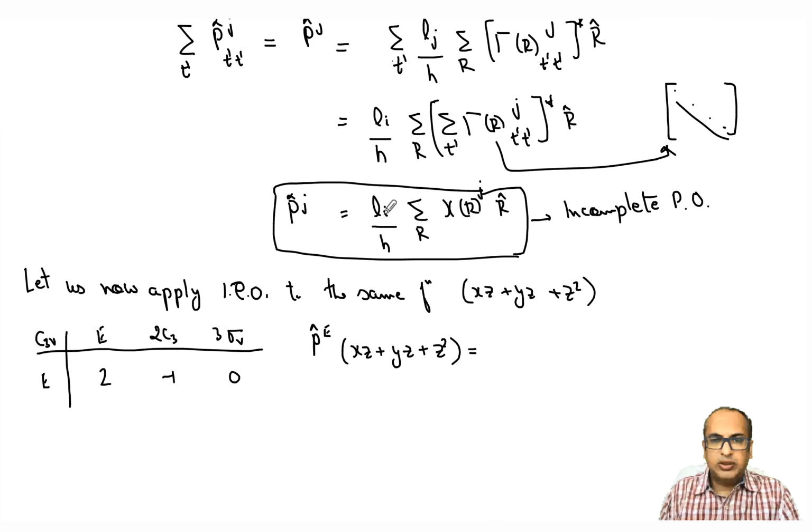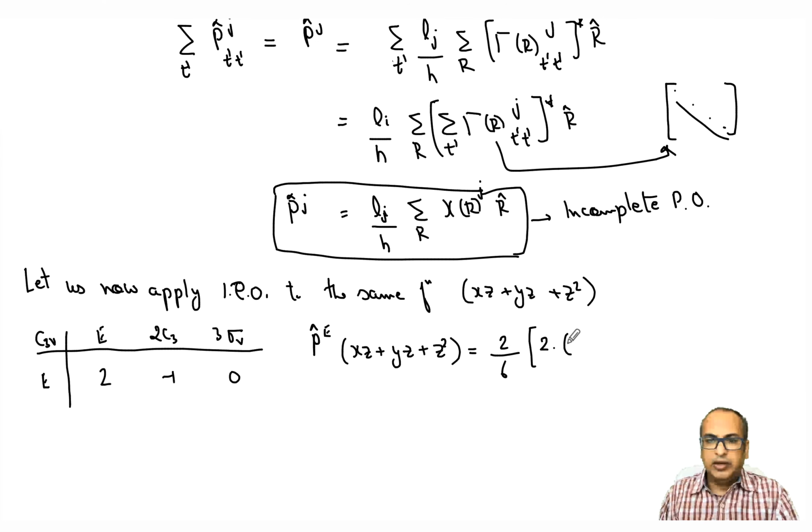So now this should give you, Li will be, so this is i or j, Lj here is 2, order is 6. Now the effect of E, so here we will be multiplying with the character, which is chi R. The character under E is 2, and then we will multiply it with the effect of operator E onto the function. So let us do this completely, because we did not do that calculation completely.